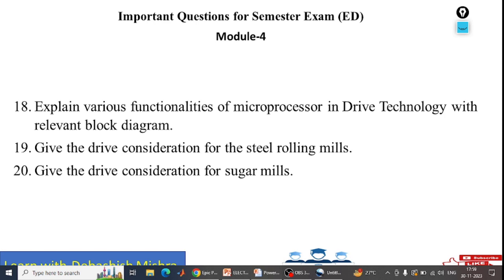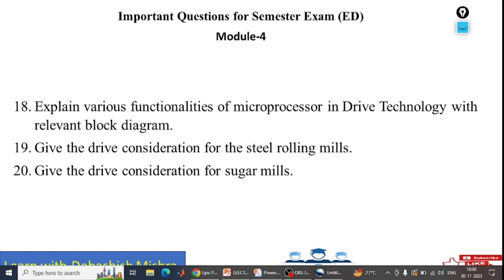You should remember point wise and write in your examination. So these are the 20 selected questions from electrical drives. Hope it will definitely help you to score good marks. And if you are not prepared, then you also can pass by preparing these 20 questions.